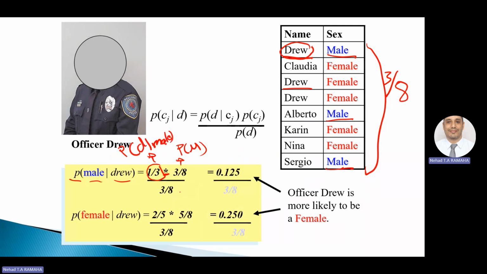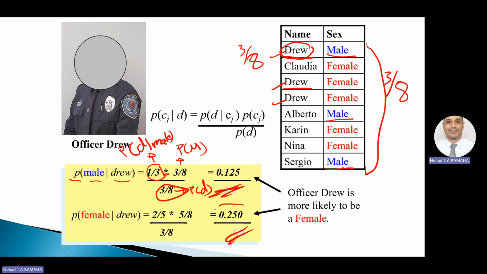And this one, probability of true, is not important. However, we can calculate it easily from the data set. It's 1, 2, 3 true divided by 8. So the one at the bottom will not affect the result actually.